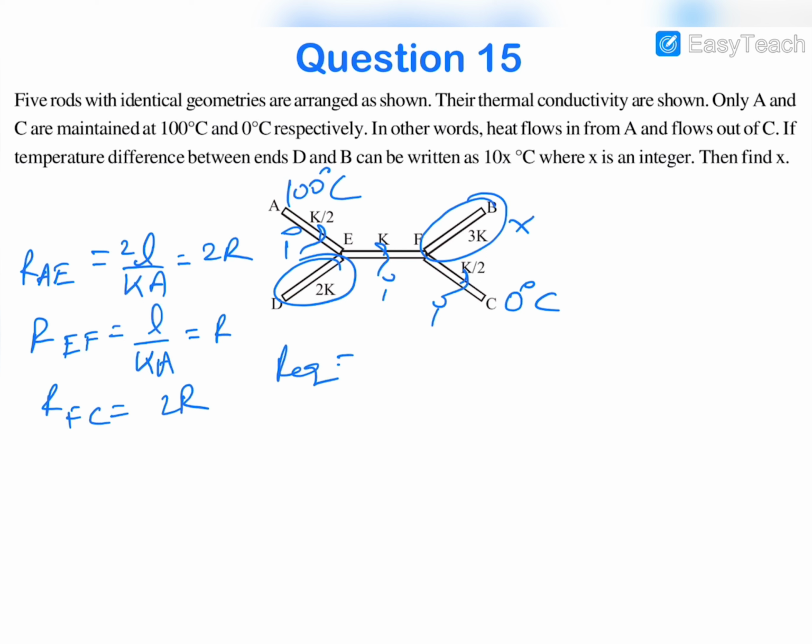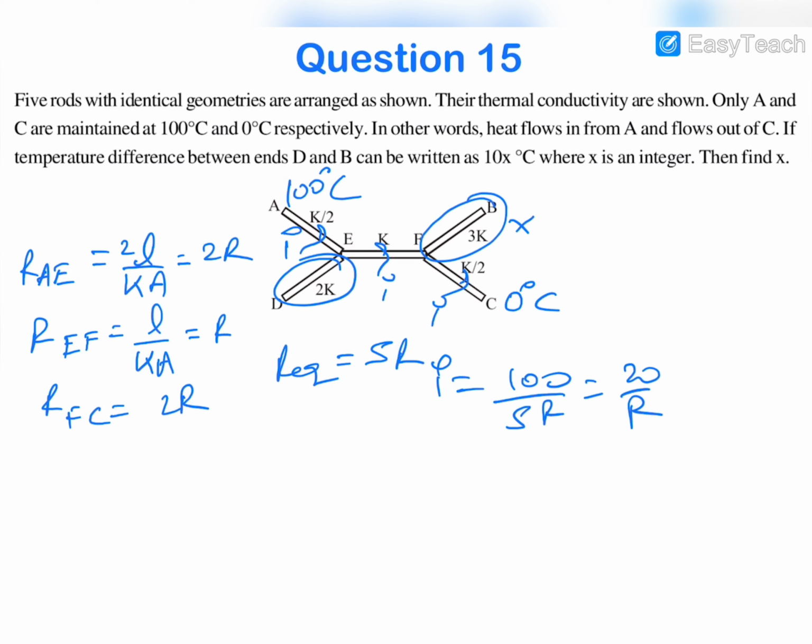These three are in series, so R equivalent will be equal to 5R, and the heat current I flowing through them will be 100 upon 5R, which is 20 by R.